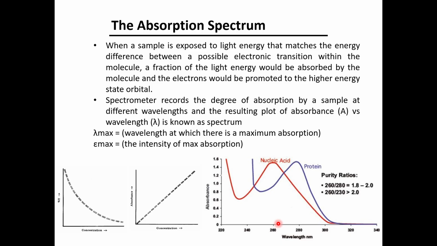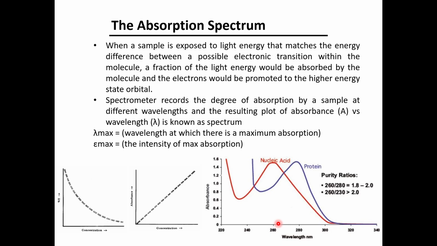If the incident photon energy corresponds to the energy of the atom, that may be vibrational, rotational, or any other, it will absorb that amount of energy, and an electron in that compound will be promoted from a lower energy state to a higher energy state.